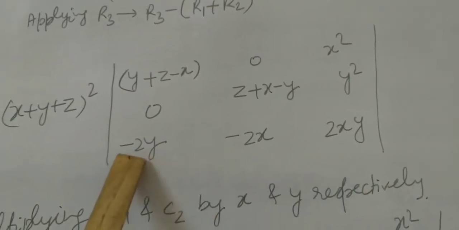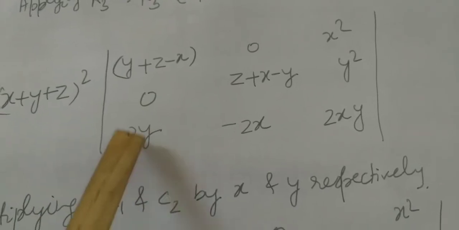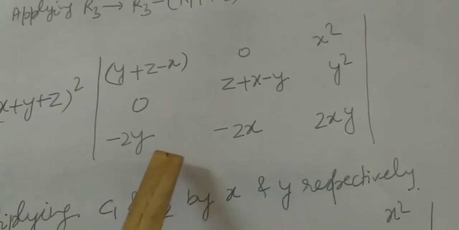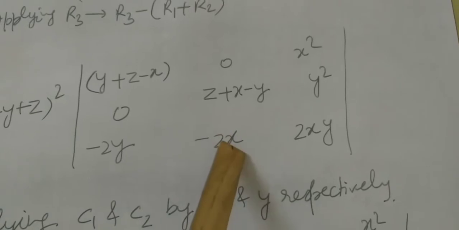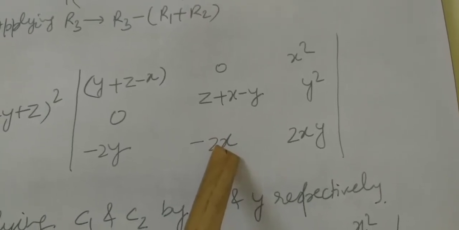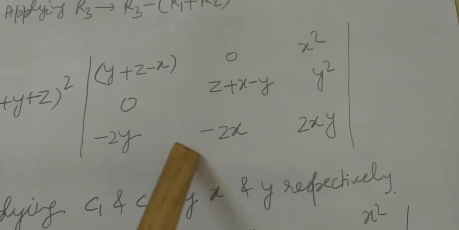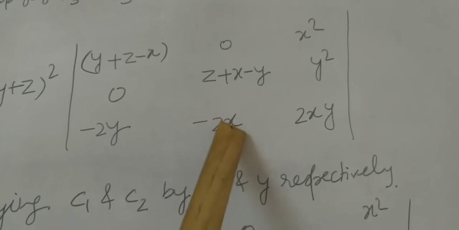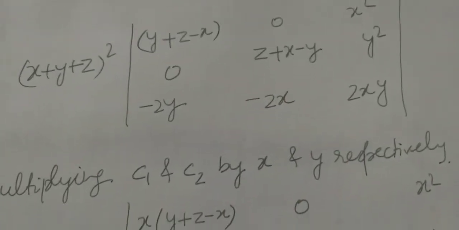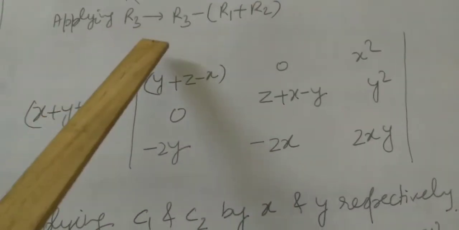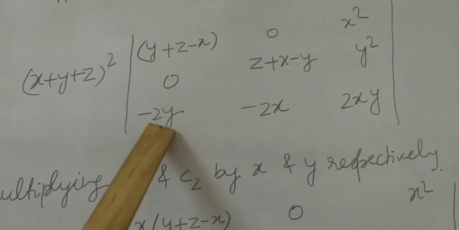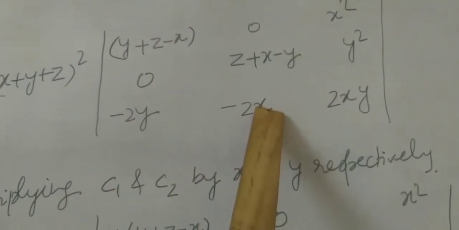Now students, you can see, I want to equate them. If I multiply it by x, it will become 2xy. If I multiply it by y, then it will also become minus 2xy. Okay? That's why I have written here C1 multiplied by x and C2 multiplied by y.